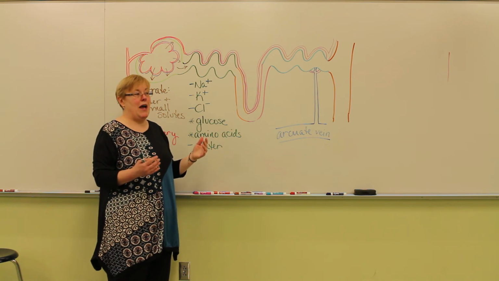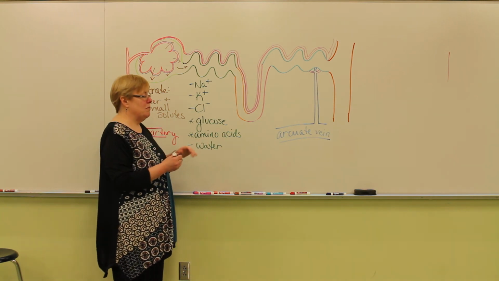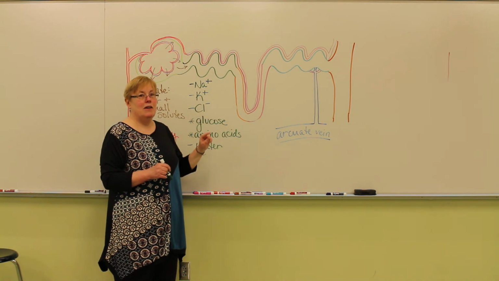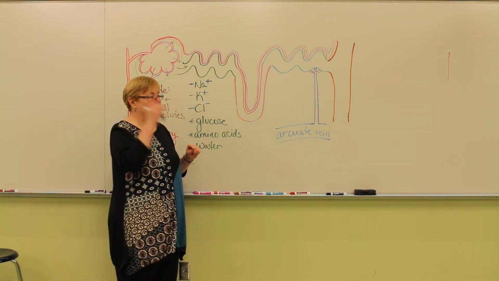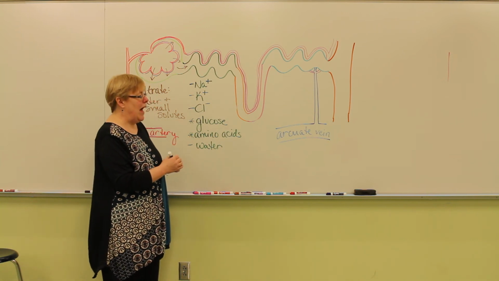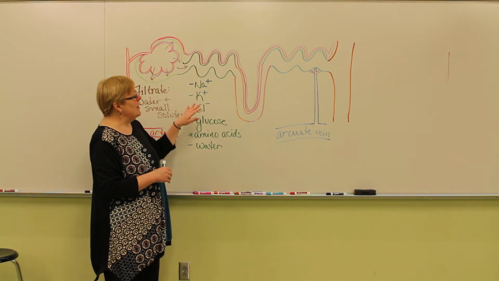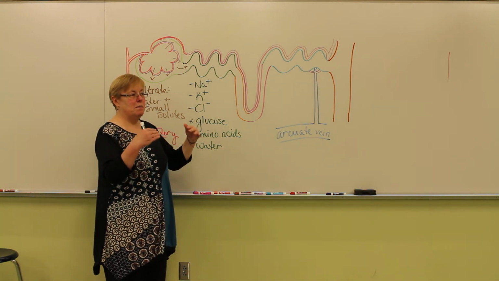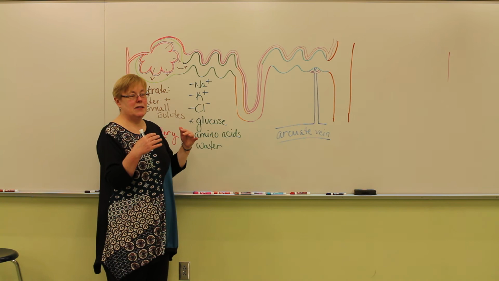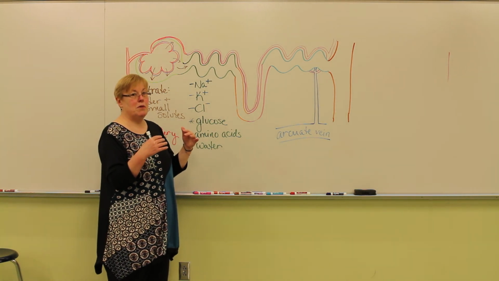So the transport maximum, you'll sometimes see it as a capital T with an M as a little add-on. That term refers to the upper limit of how much of a substance can be reabsorbed in one location.